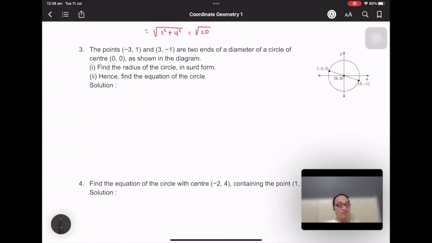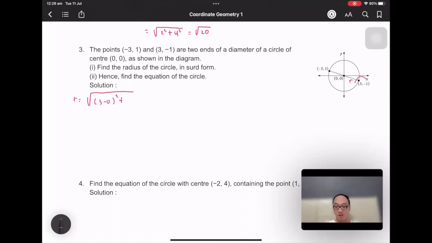Three, the points are two ends of the diameter of a circle with center (0, 0). Find the radius of the circle, and hence find the equation of the circle. For the radius, we just need to find the distance between 2 points, again using the Pythagorean theorem. So it's 3 minus 0 squared.